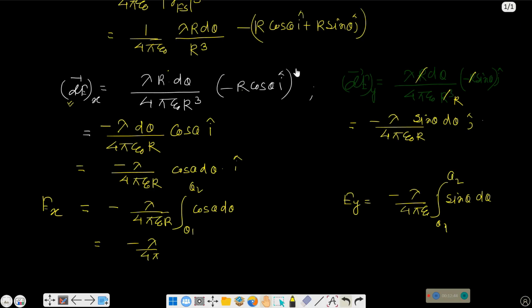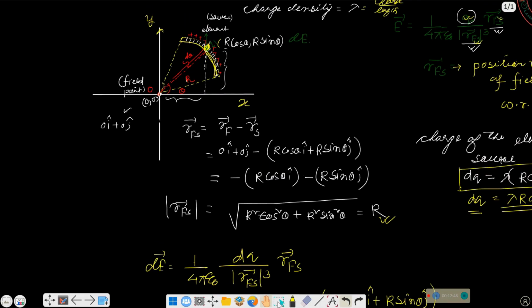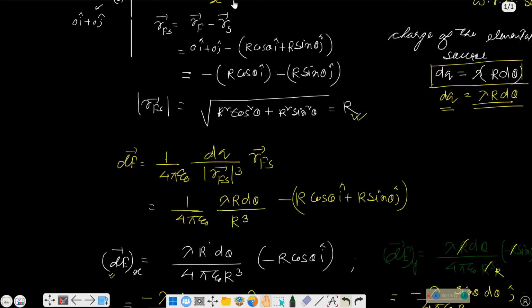If we see in the diagram, this curved wire ranges from point A to point B. Point A is at an angle theta 1 from the x-axis and point B is at an angle theta 2. So the range will be from theta 1 to theta 2.